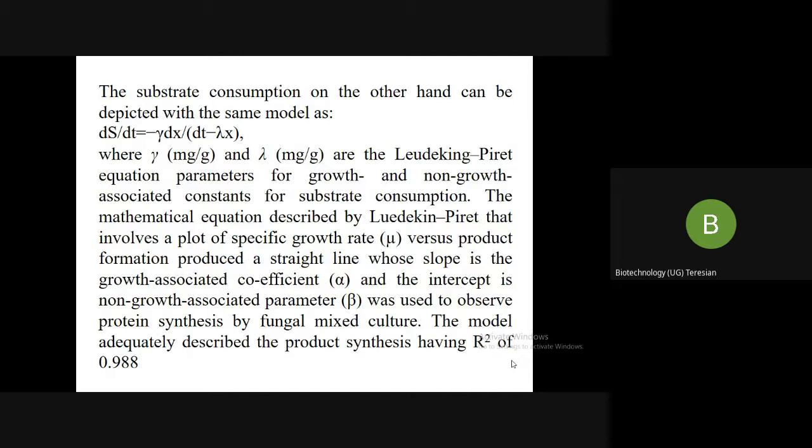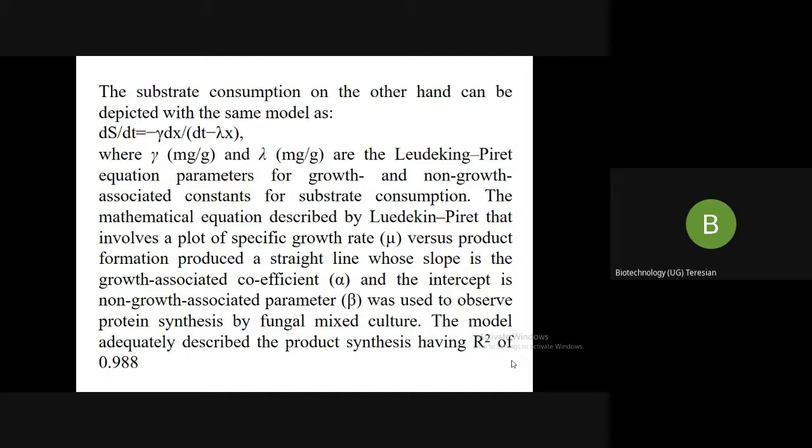So both, whether it is a monoculture fungi or mixed culture fungi during your fermentation, whether it is a submerged fermentation or solid state fermentation, they were able to use the model to predict the kinetics of the product formation.